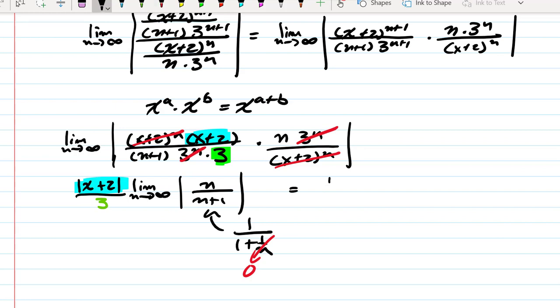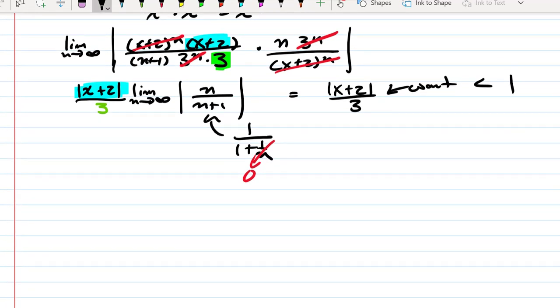So we get the absolute value of x plus 2 over 3 times 1. And we want this to be less than 1.